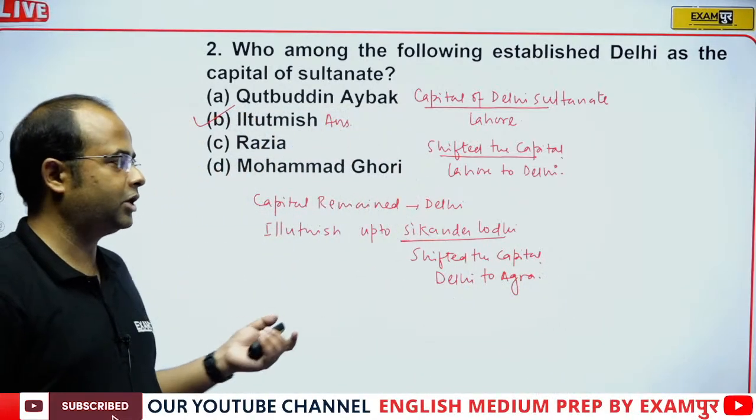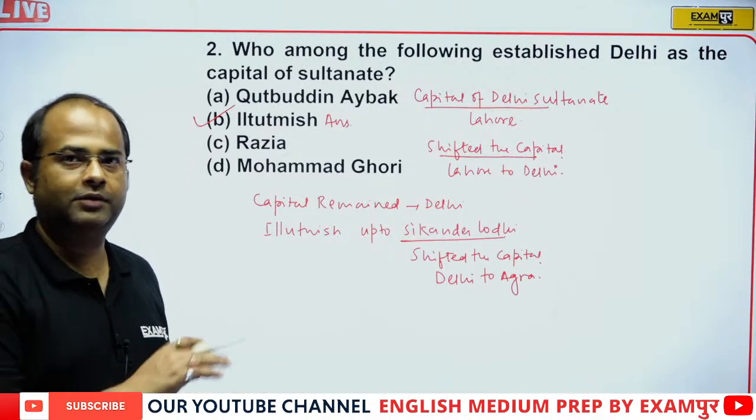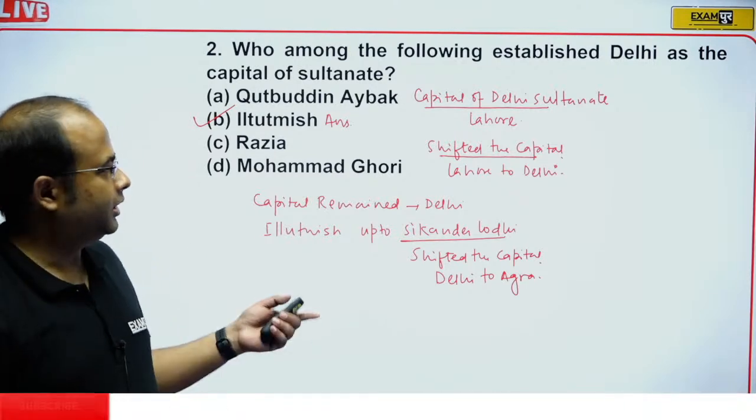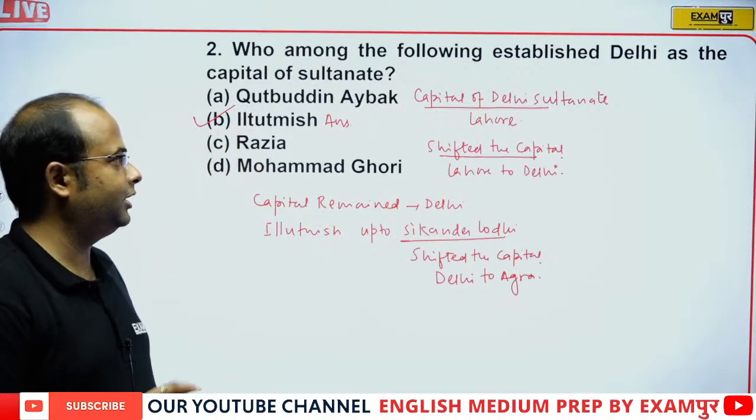So from Iltutmish up to Sikandar Lodi, the capital of the Delhi Sultanate was in Delhi. Therefore, guys, the correct answer will be Shamsuddin Iltutmish.